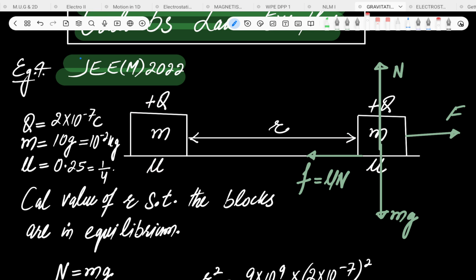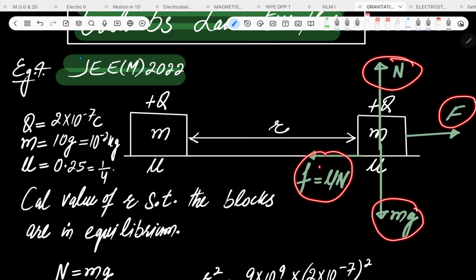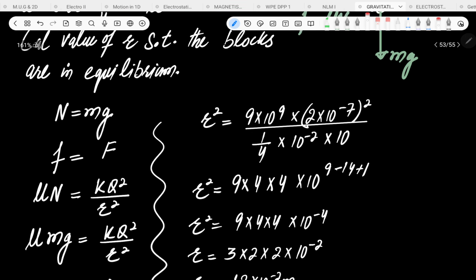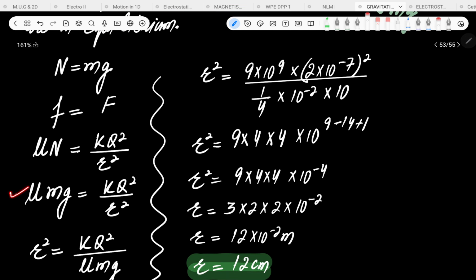One is electrostatic, second is force of friction, third is normal reaction, and fourth is the weight. Then easily we can say that this normal reaction is equal to weight, and this force of friction is equal to the electrostatic force. Then on working with these equations, I calculated the value of r, which finally comes out to be 12 centimeters.